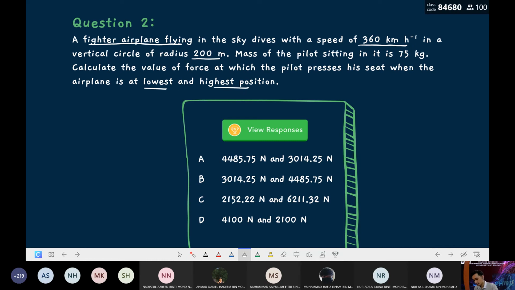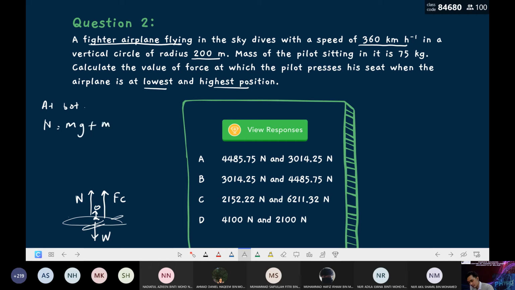So look at this. Bila ada kapal terbang, katakan ada kapal terbang, and then the fighter sitting here at the bottom. Jadi kita tahu that the weight ke bawah, but the normal ke atas. And then dia akan the same direction as our FC. Jadi the normal at the bottom, normal dia is equal to the weight plus our FC.